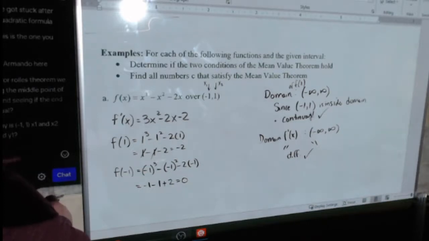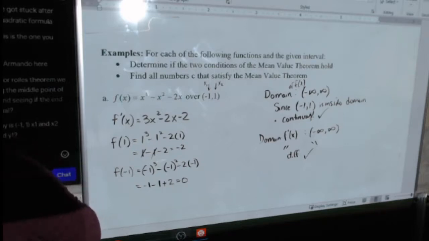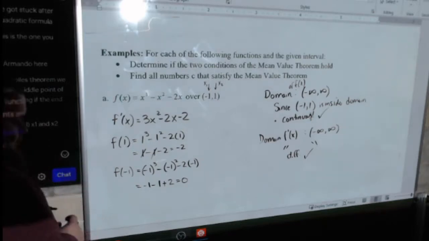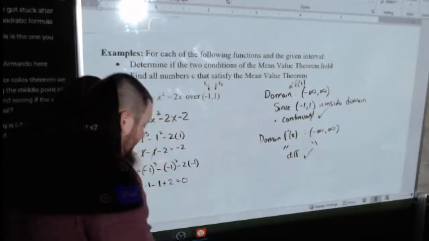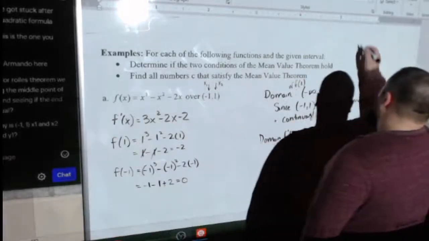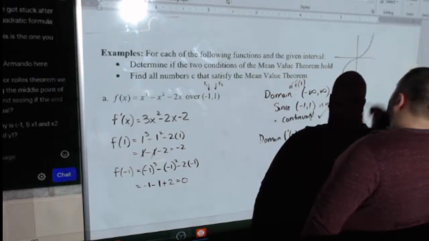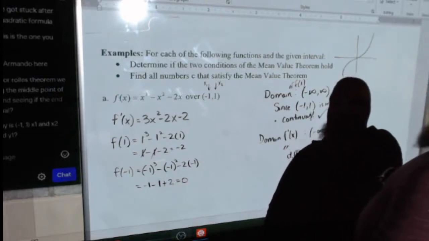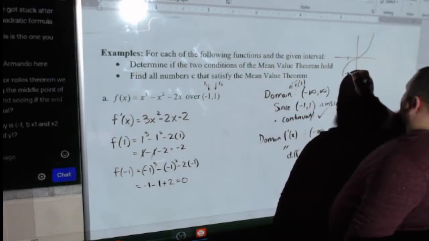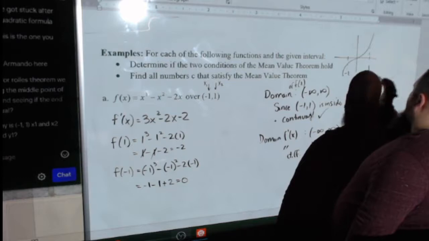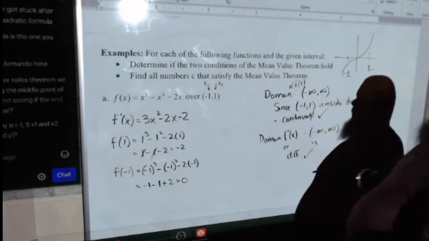So question, why are negative 1 and 1 equal to the x values and not x1, y1? So this is an interval that they gave us. And I don't know exactly what this function looks like. It is a cubic, so I'm just going to assume it looks something like this. In general, that's telling me I only care about from here to here, so from 1 to negative 1.